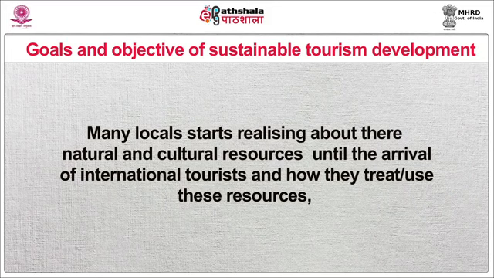Although the locals are aware of the resources and understand the difficulties and value these resources play in their lives, many people only start realizing the value of their natural and cultural resources with the arrival of international tourists and how they use these resources. These internationals are very interested and highly enthusiastic about the local areas and communities.